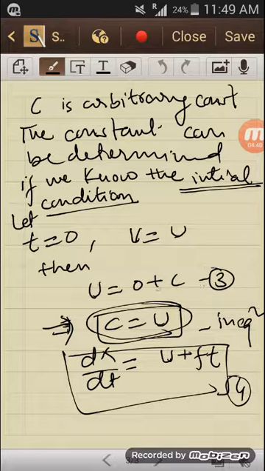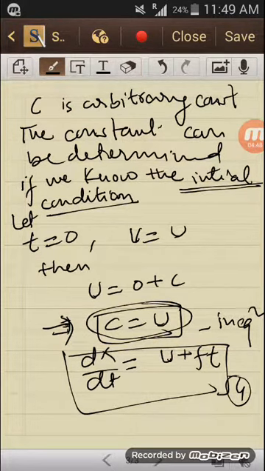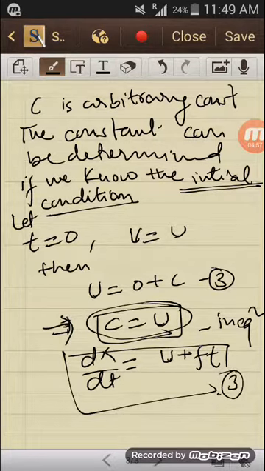So instead of naming this equation 3, we will name this equation for c as equation 3. For simplicity I will write it here.